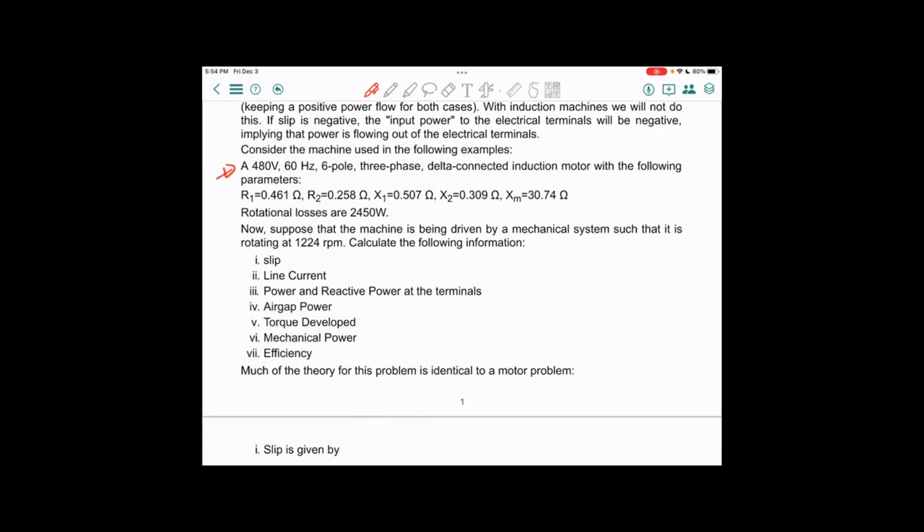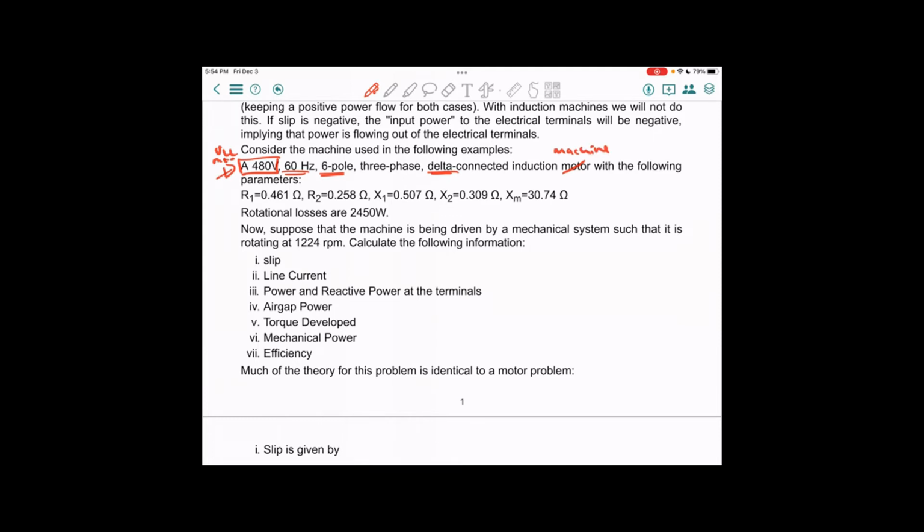Like we say all the time, 480 volts is the rated line-to-line voltage. So this is V line-to-line rated. 60 hertz is the frequency, 6 poles is the number of poles, 3-phase, delta connected, that is the connection, induction motor, or let me say just induction machine, okay?